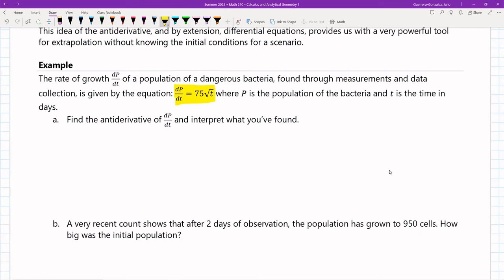The dP/dt, so P is the population, the rate of change in the population over time is given by this equation where t is the time. Find the antiderivative and interpret what you found. So what I'm going to do first is find that antiderivative. I need the antiderivative of 75 square root of t dt.